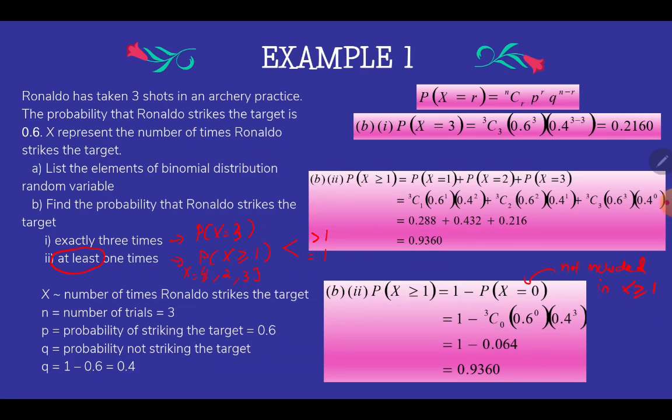So the answer will still be the same. We have 2 methods: first the direct method, and the second one is the complement of it.